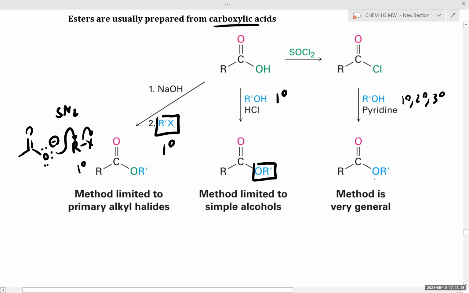This allows you to prepare a range of esters, even with sterically congested or hindered alcohols. Does everyone understand the benefits and limitations of each of these 3 synthetic methods that we've covered? Does this make sense to everyone?